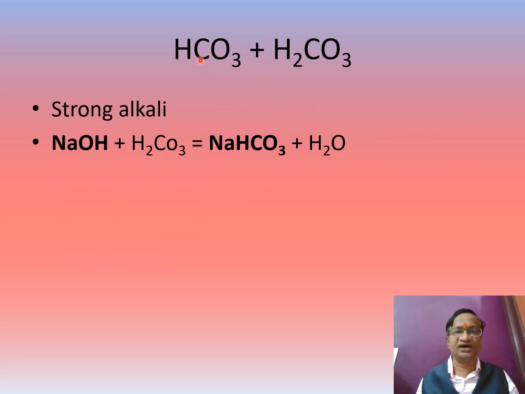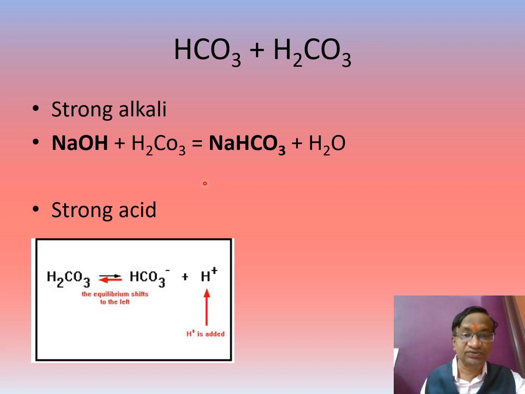Now you have carbonic acid and bicarbonate buffer. Now you are adding a strong alkali into this buffer. What happens is it combines with this and produces a weak alkali. If you add strong acid, what happens? It's a normal thing: hydrogen ion is added. This combines with this bicarb and then becomes a weak acid. So this is what is called a buffer.